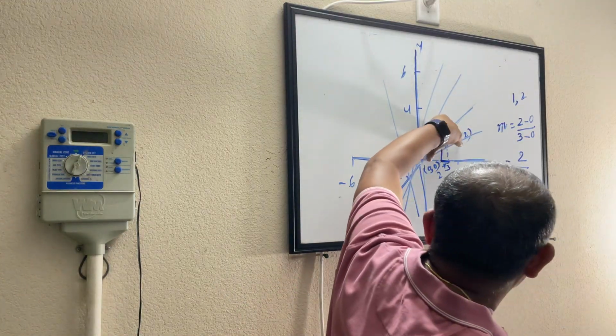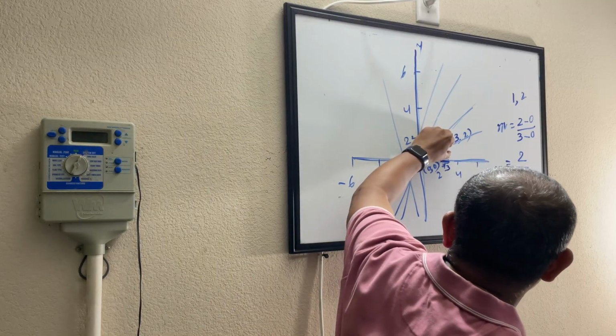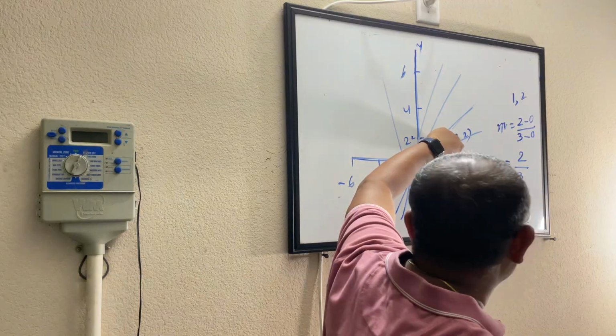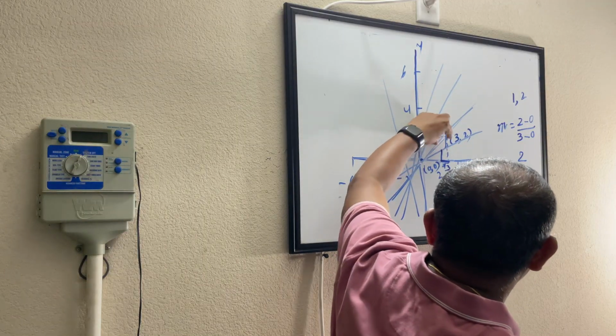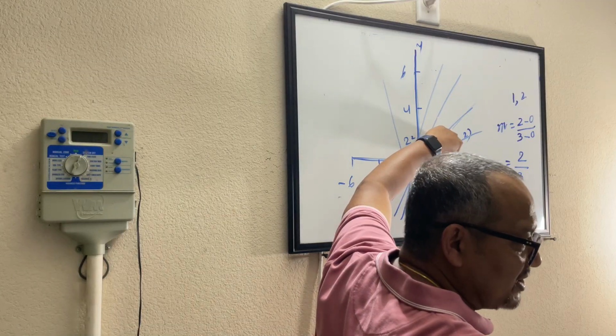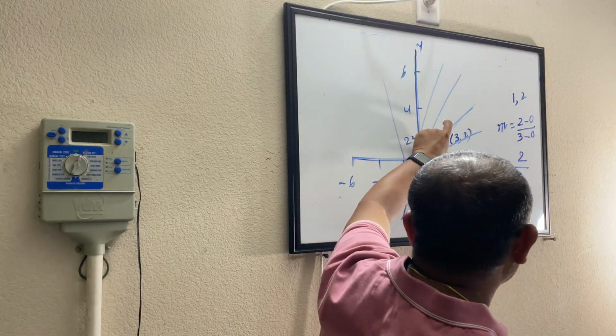So here when you are saying slope is less, meaning it's rising less for 1 unit of run. This slope is more, meaning it's rising more for this much of a run. So x is run, y is rise.